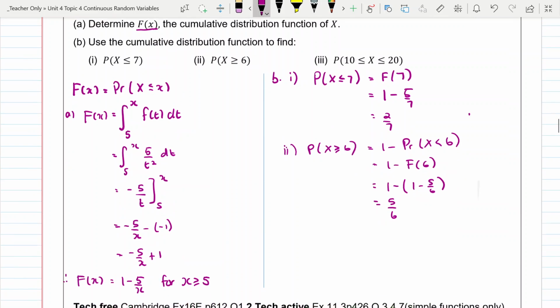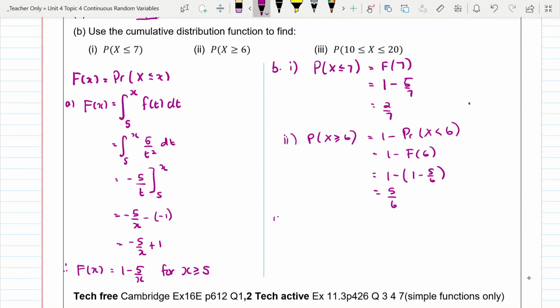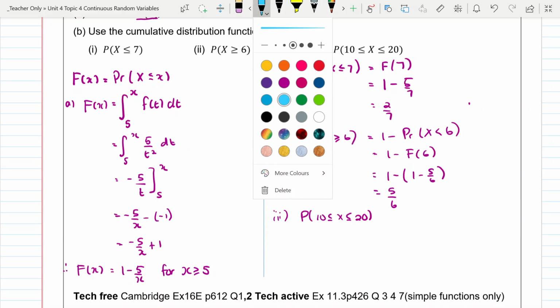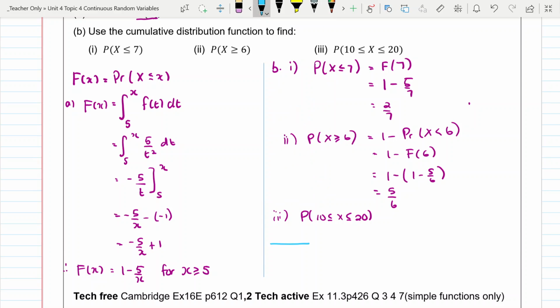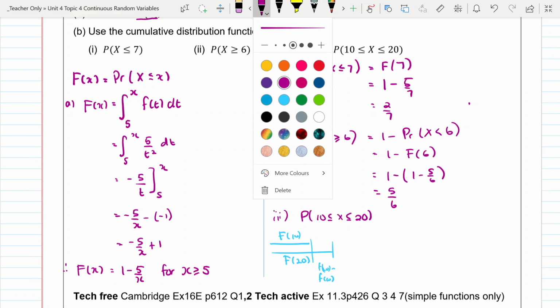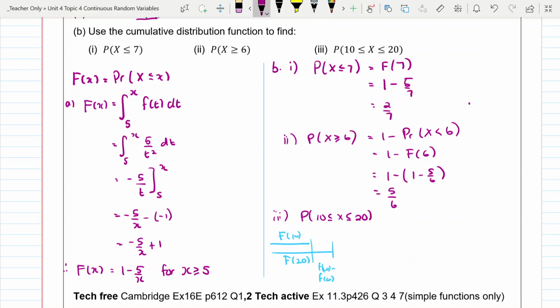All right, and we can even do slightly more complicated ones, because we could do the probability between 10 and 20, keeping in mind that if we're going to draw this on a number line, F of 10 would go up to this point here, and F of 20 would go to that point there. So F of 20 minus F of 10 would be sitting over here. And that's the difference we're wanting. So we just need to remember it's the larger one minus the smaller one.